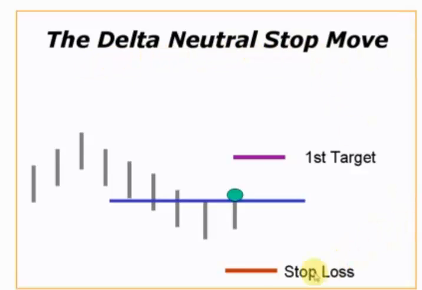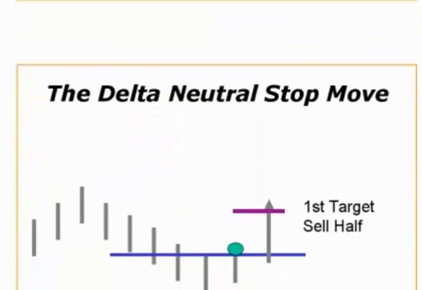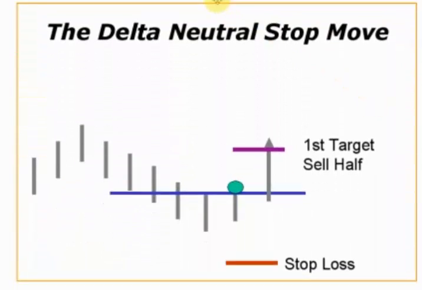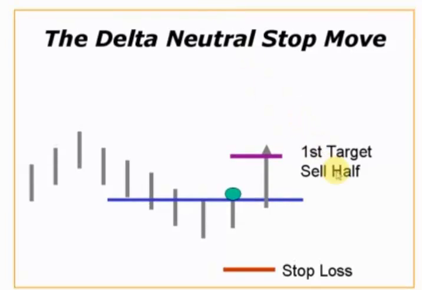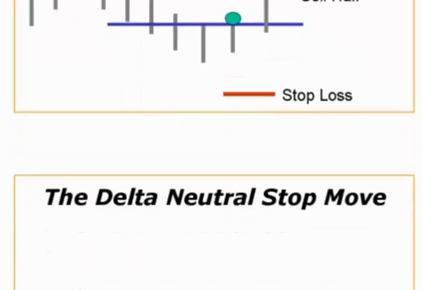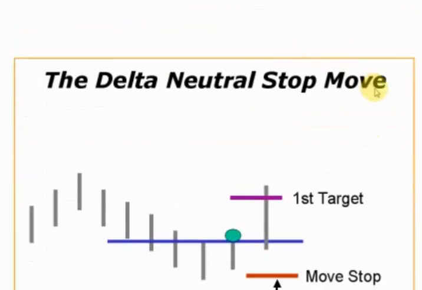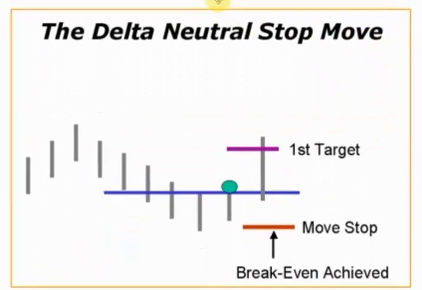And basically what it entails is we find a very high probability first target that's almost sure to get hit, and what we do is we sell half at that point. As soon as we hit that target, we get our stop loss up to equal the distance, okay? You'll see it here in the next slide. And that way, now we can't lose.